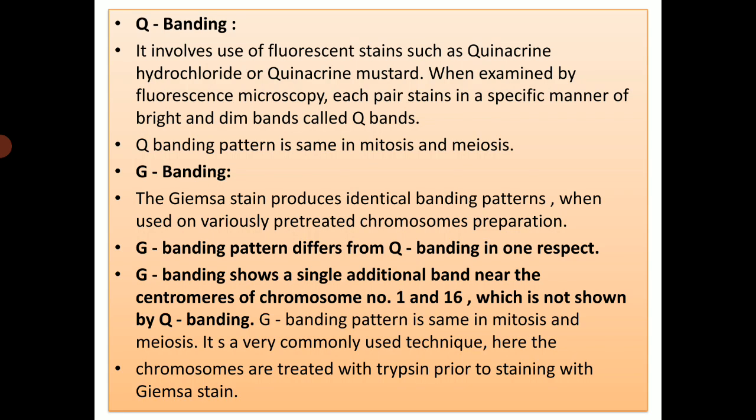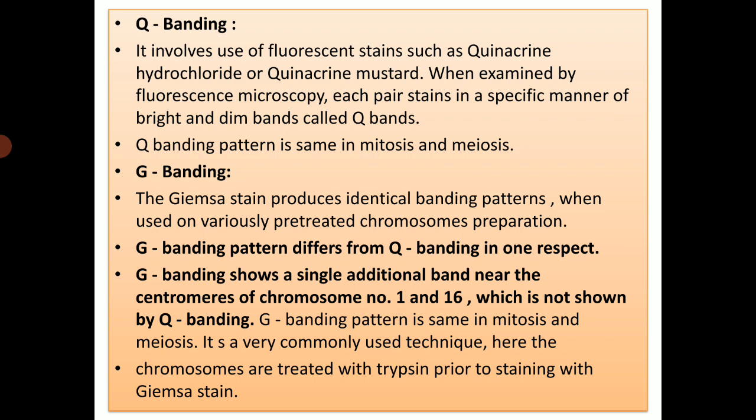Okay, so let's first see the Q banding technique. Q banding technique involves the use of fluorescent stains such as quinacrine mustard. When examined by fluorescence microscopy, each pair stains in a specific manner with bright and dim bands called the Q bands. Q banding pattern is the same in mitosis and meiosis.